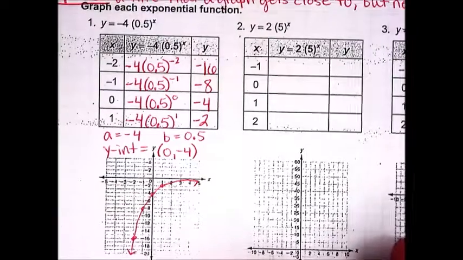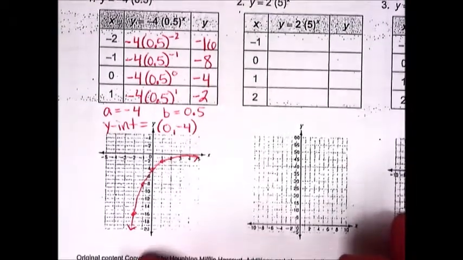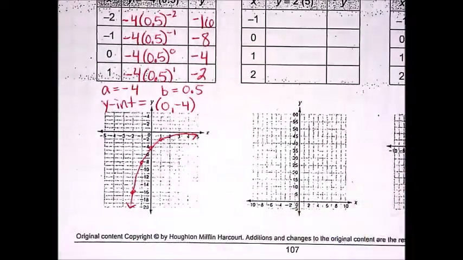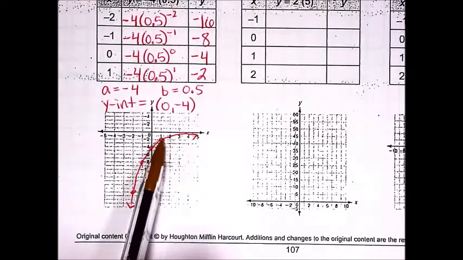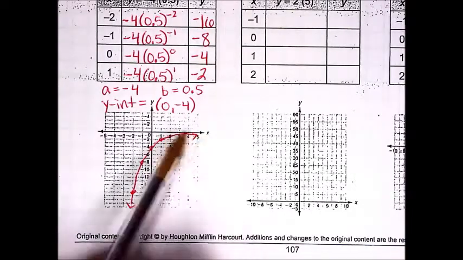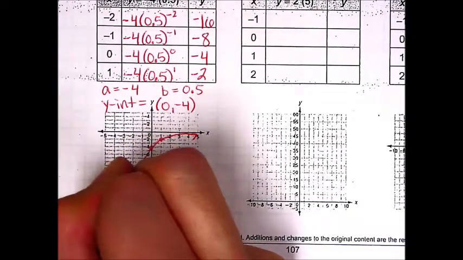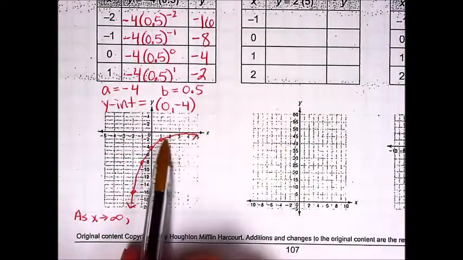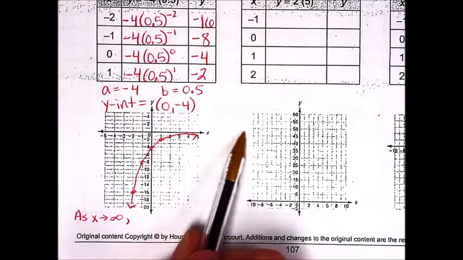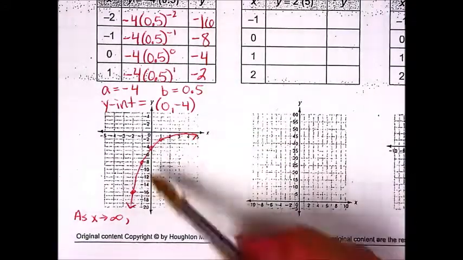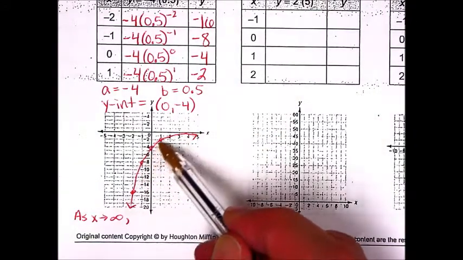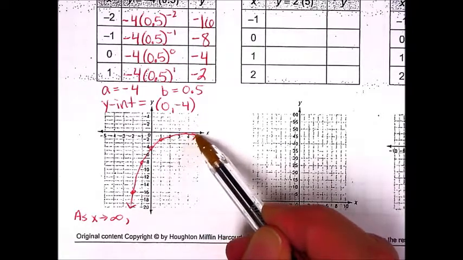Okay, they are also going to ask you on the ones that you do graph, describe the end behavior. So let's practice. Okay, guys, the right end, this is always as x approaches infinity, because if you go right, your x approaches infinity. Okay, and then look at what y does. Y goes up, up, up, up, up, but it can't hit 0.